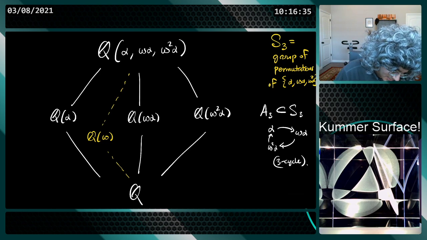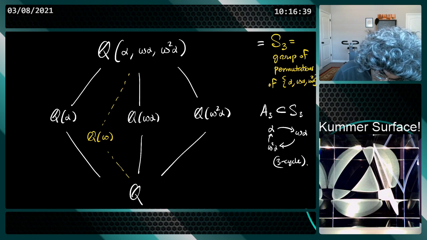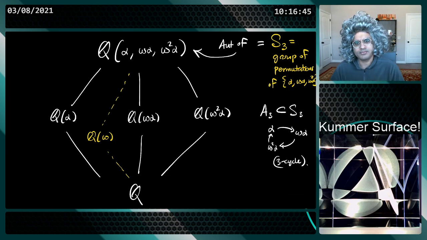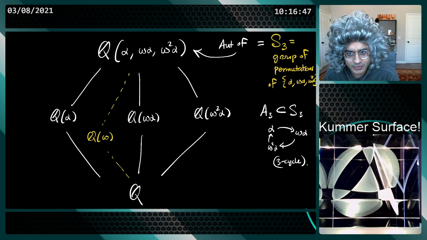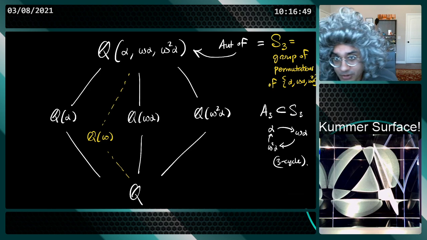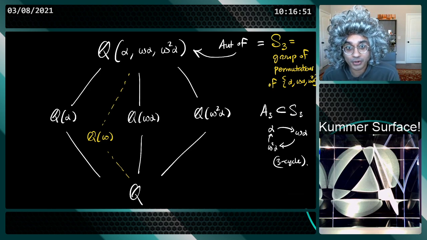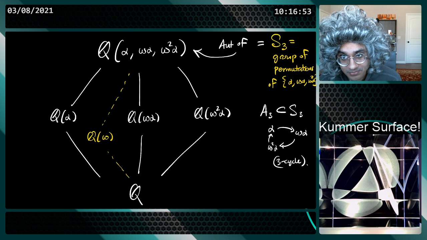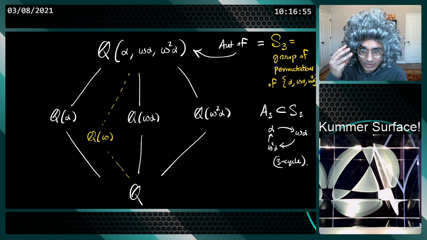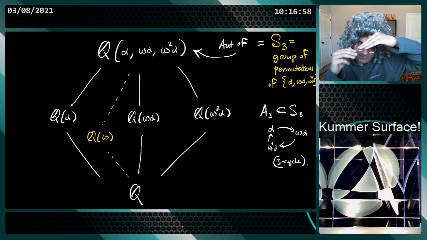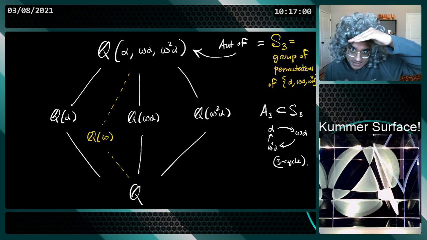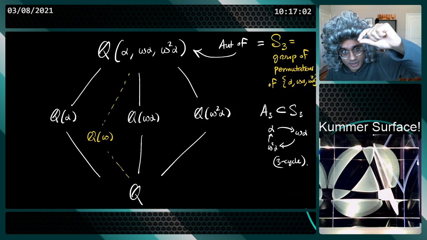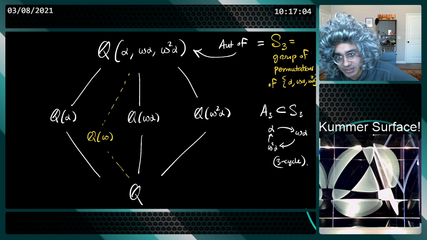In this case, this group of permutations equals the group of automorphisms of this field. What is the fixed field of that? Well, I don't know. What I do know is that the fixed field is a degree 3 index away from my large field. And there's only one of those fields in this diagram.